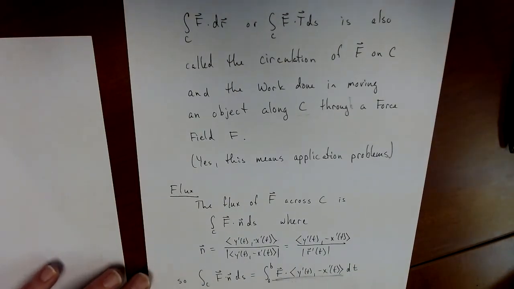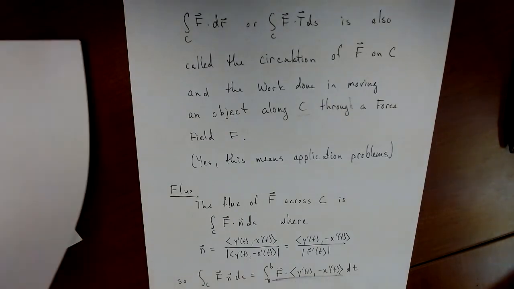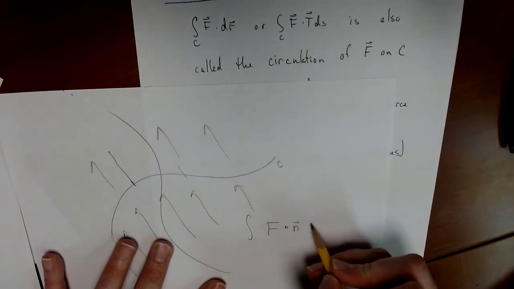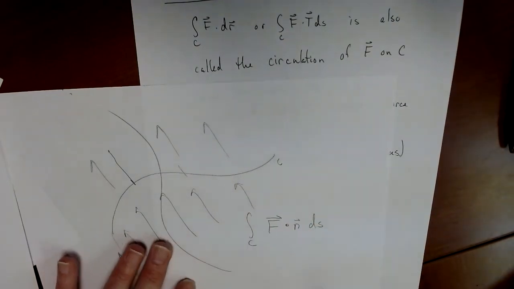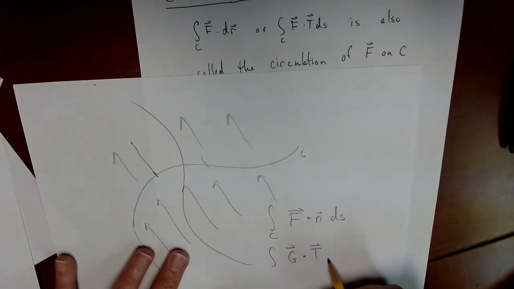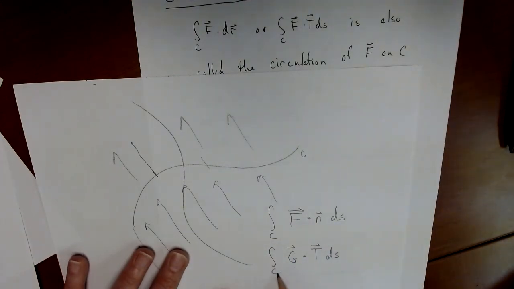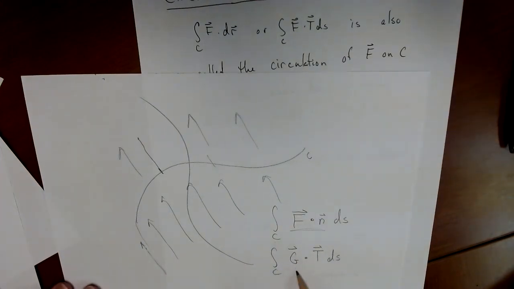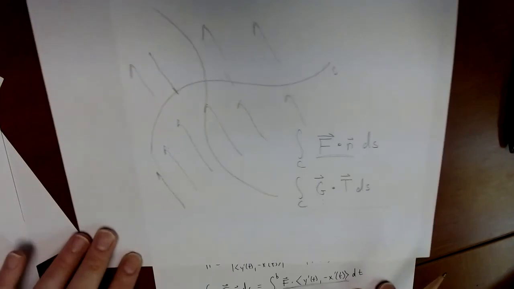So if I have F and I take the flux of F over C, there is a different force field G so that this integral over C is the exact same as this integral over C. And so every flux line integral could be thought of as a circulation integral over a different vector field, and not even that different of a vector field.